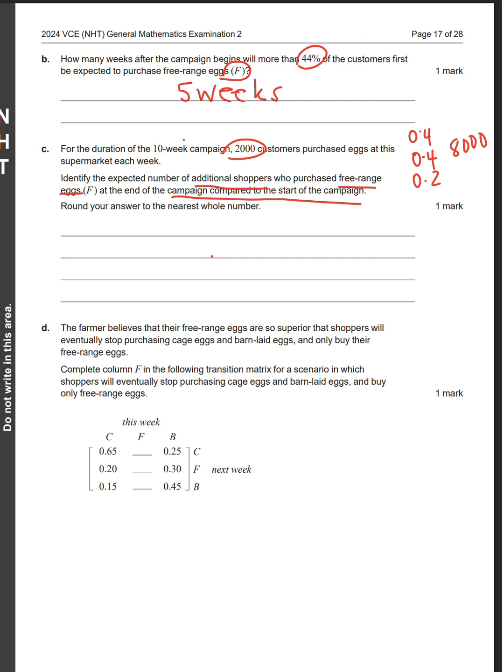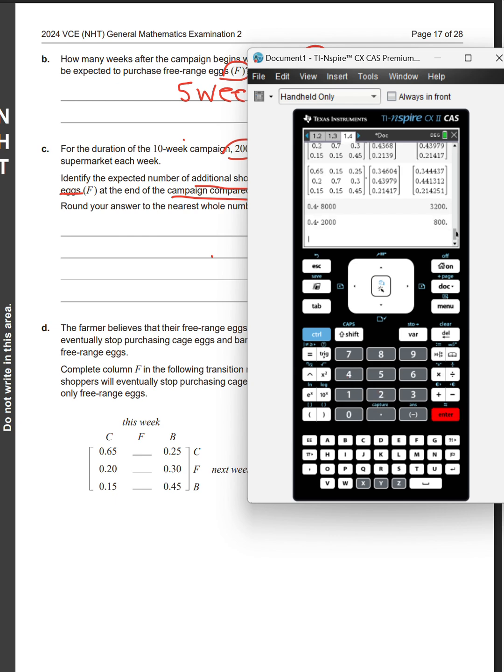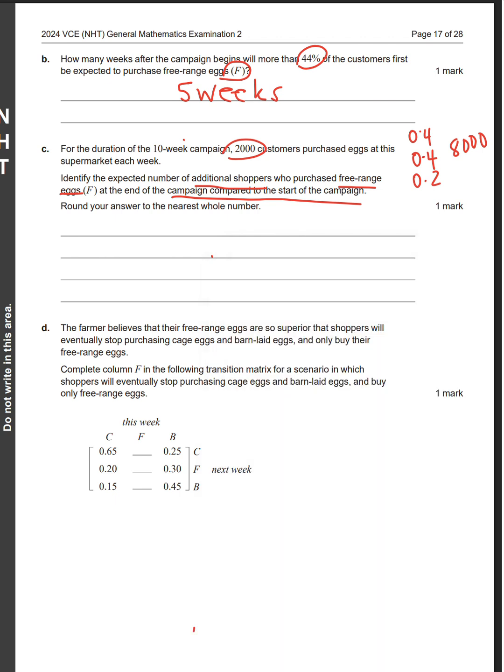So we're going to have 0.4 times 8,000, sorry, there's not 8,000, there's 2,000. 0.4 times 2,000 is 800. So that means it's going to be 800 people buying free range.